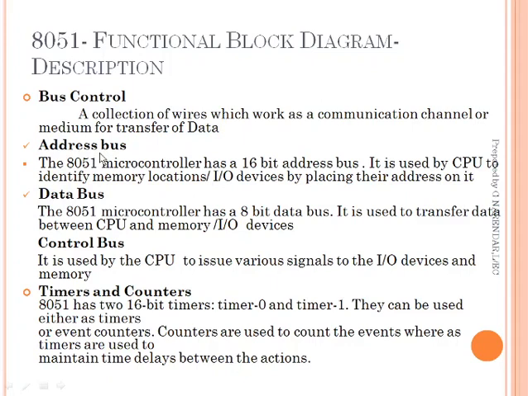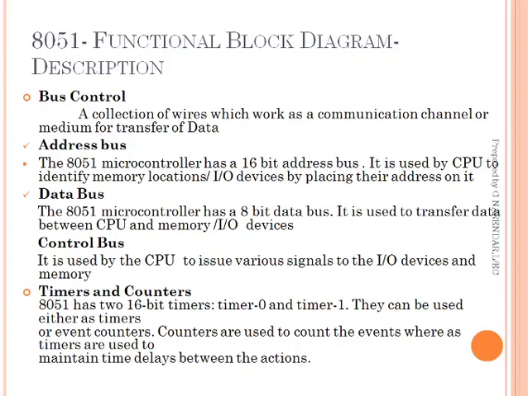Address bus means a collection of a certain number of wires, and for the 8051, that number is 16. That means 16 wires which carry the address; we call it the address bus. So what is this address? It's the address of a certain memory location, or of a certain input output device.